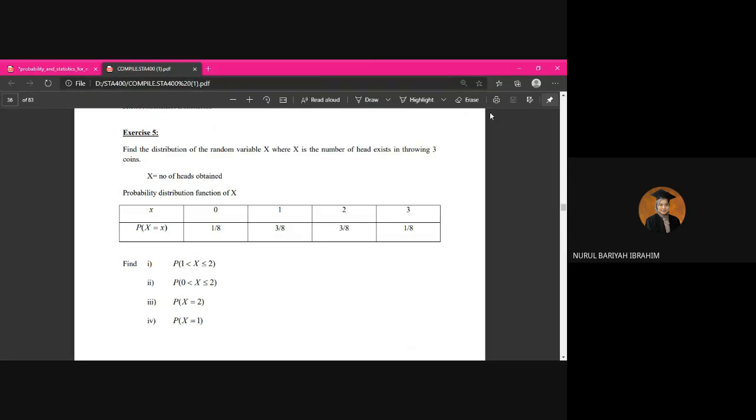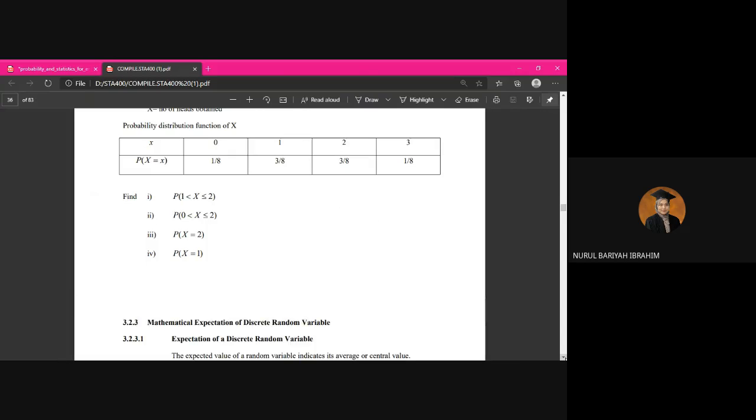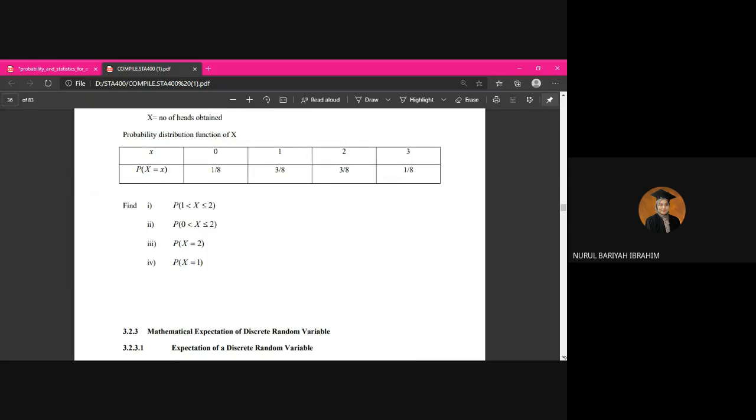Okay, ini. Okay, ni dia bagi PDF. So, first of all, try buat dulu CDF dia. Macam mana nak cari CDF for this? So, the first one. Okay, Fx.